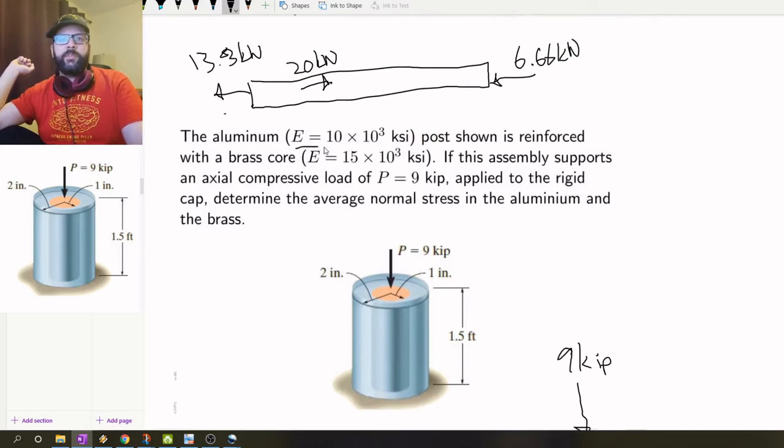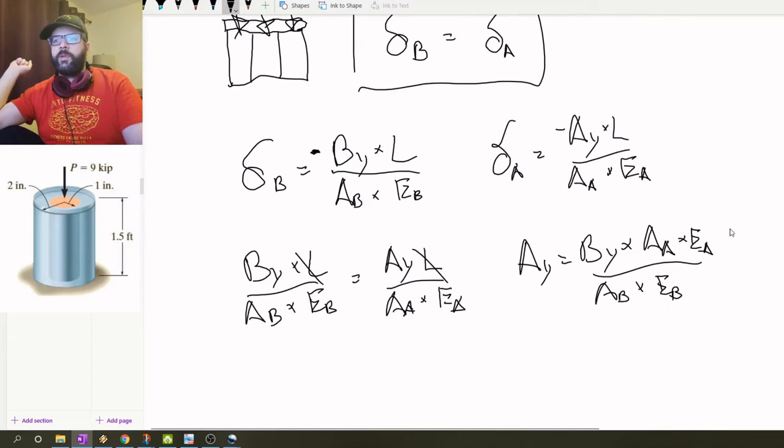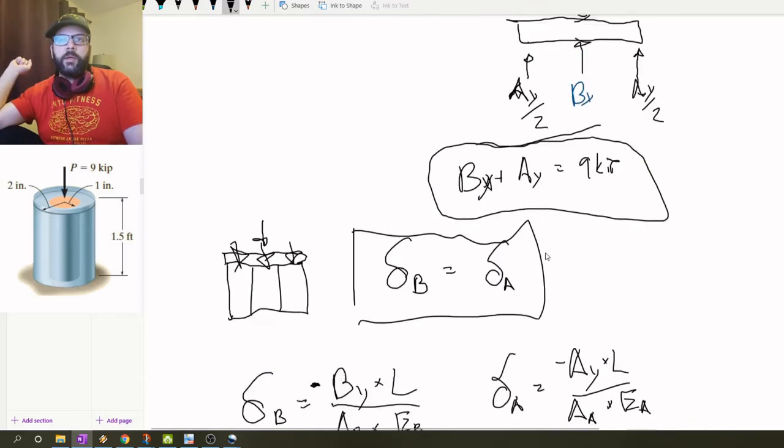The Young's modulus for the aluminum is 10 times 10 to the 3 ksi. The Young's modulus for the brass is 15 times 10 to the 3 ksi. So this ratio here is just 1 over 1.5. And then the area.